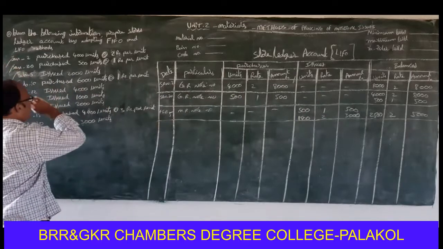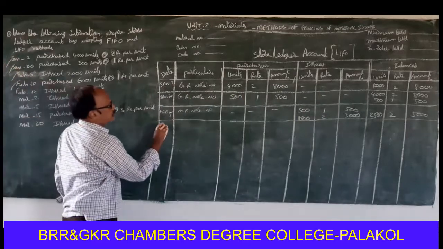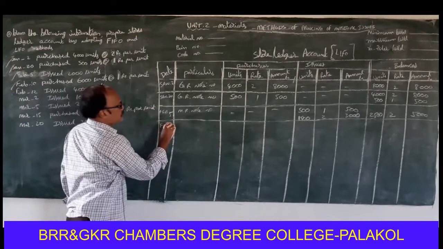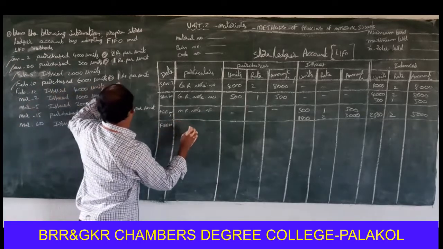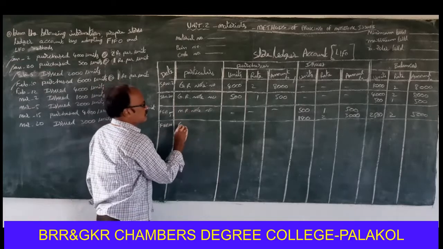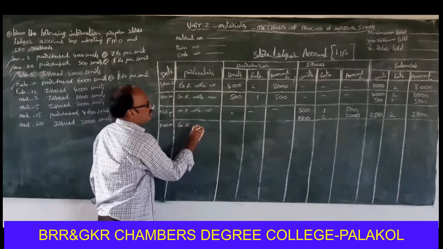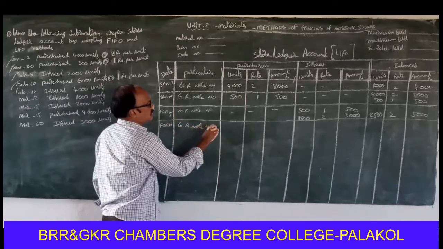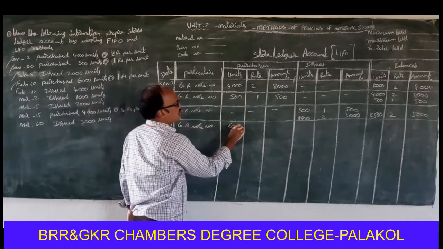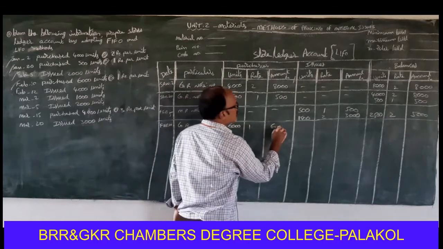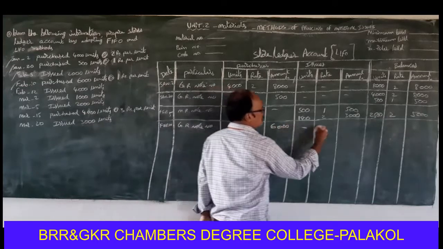Right, February 10th. Purchases: 6,000 units at the rate of 1 rupee per unit. So, the GRN, goods received note number. How many units purchased here? 6,000 units. 6,000 into 1, 6,000 purchases.